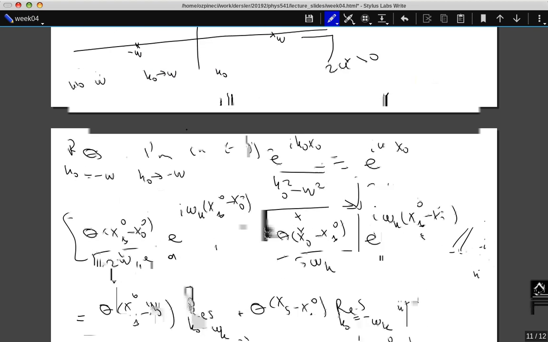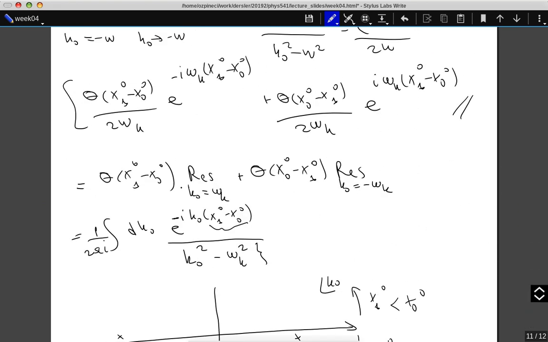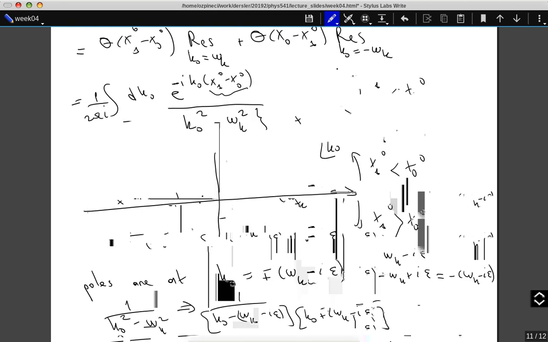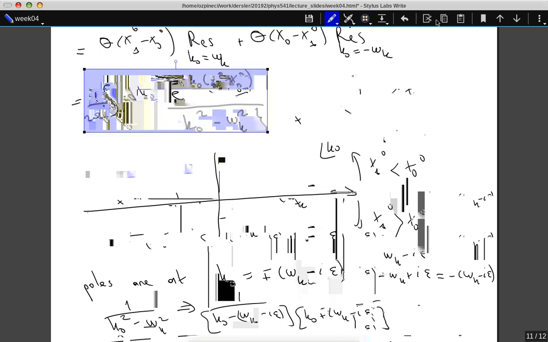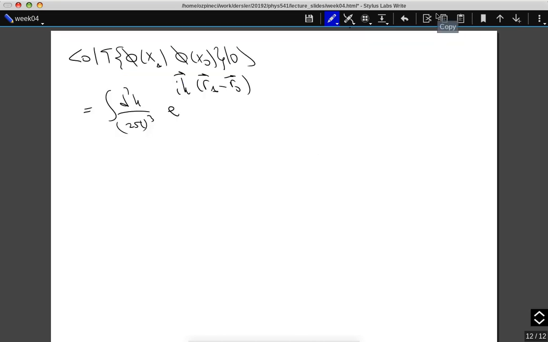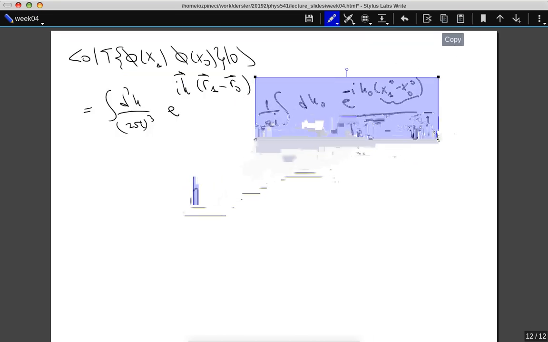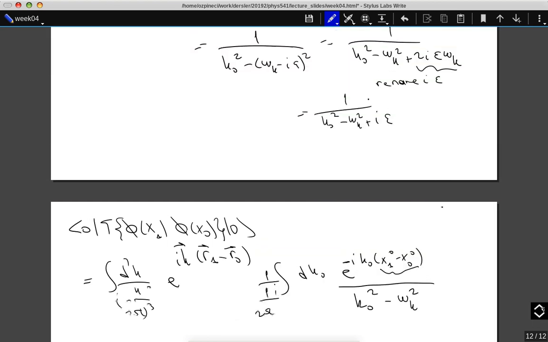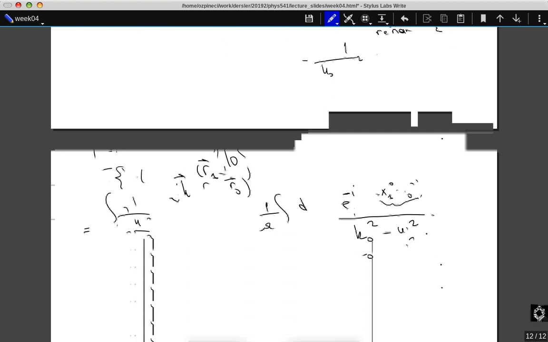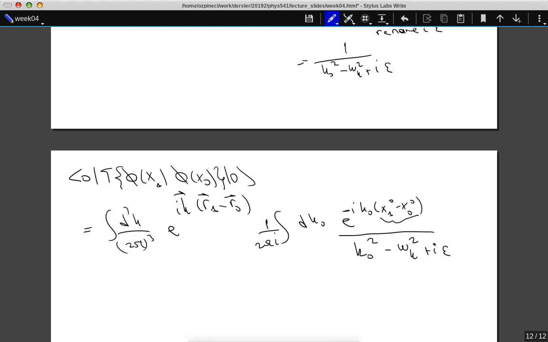And all the remaining parts in that integral, with all these step functions, 2 omega k's, etc., they are just this integral over here. Of course, with the understanding that we add a minus i epsilon. Let's see, this plus i epsilon.